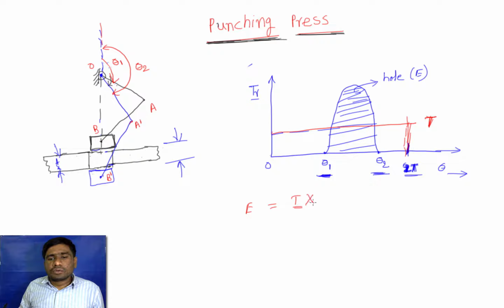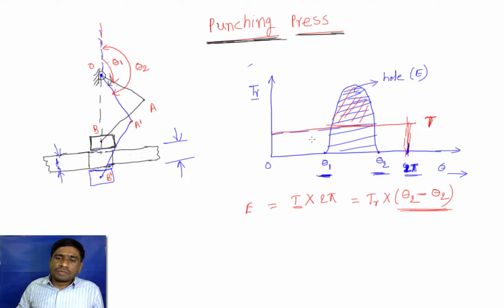This should be equal to the energy required due to the resisting torque only from theta 1 to theta 2, from here to here. That means if you chop off this extra area and fill this gap, then it should exactly fit in this gap.